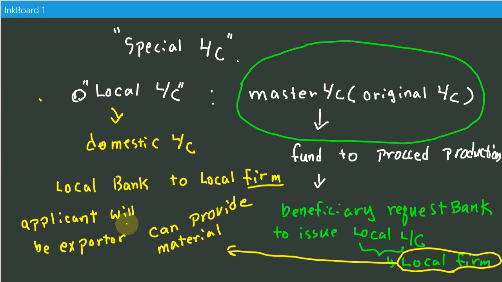You can use this kind of local LC, domestic LC, once you need to purchase material by using the original LC. Once you have no money to purchase material, you can use this sort of LC. By issuing a local LC on the basis of the master LC, you can solve the problem of your financial status.